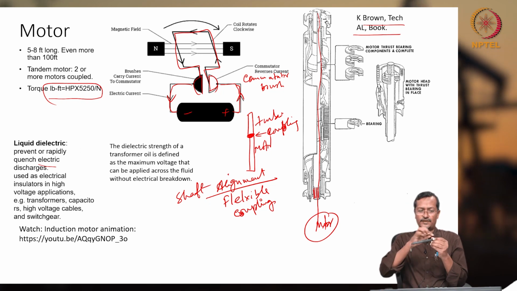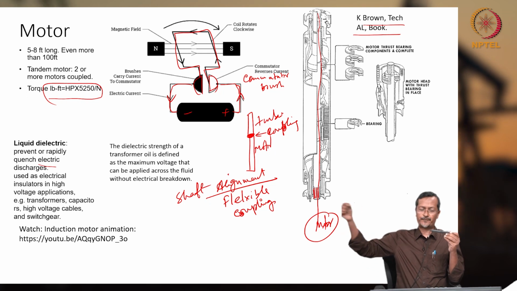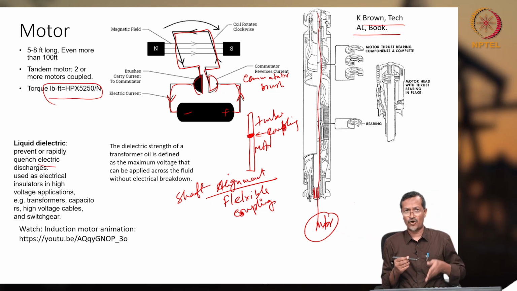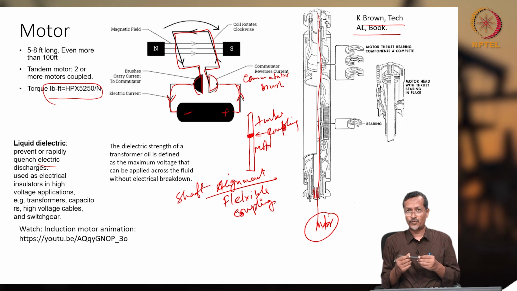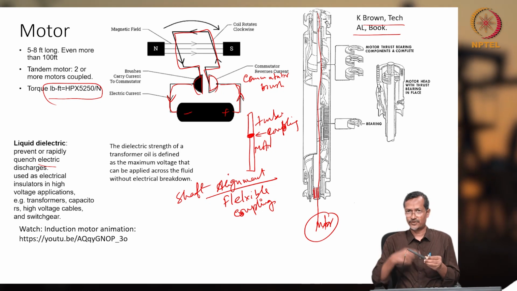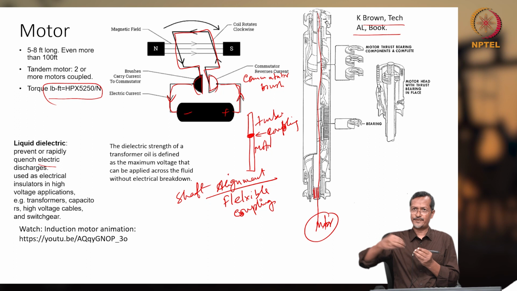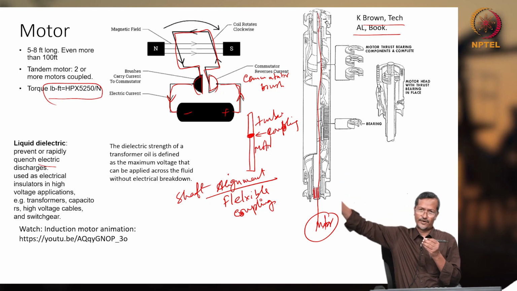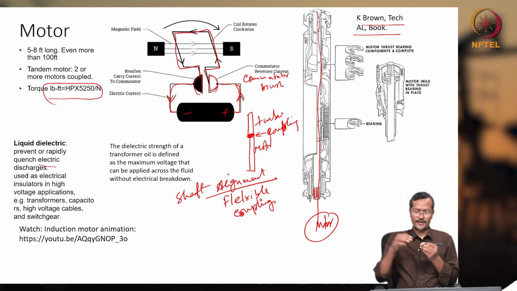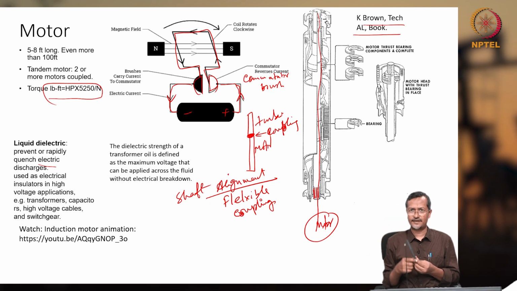Misalignment means both axes must be on the same straight line, but when you are making a 100 feet long shaft, the motor is 100 feet, that means the shaft is also 100 feet and the pump also maybe 100 feet. So, keeping something so long on a perfectly straight line is very difficult.